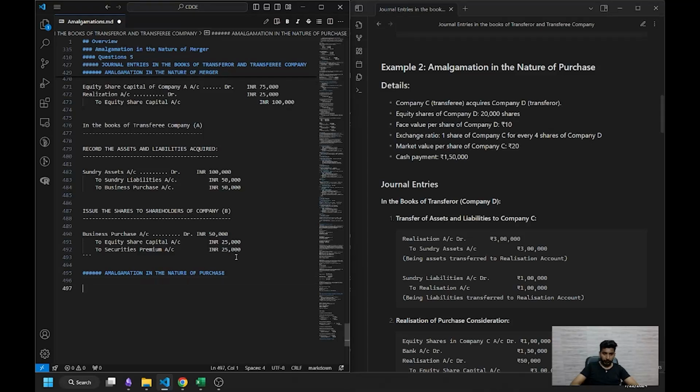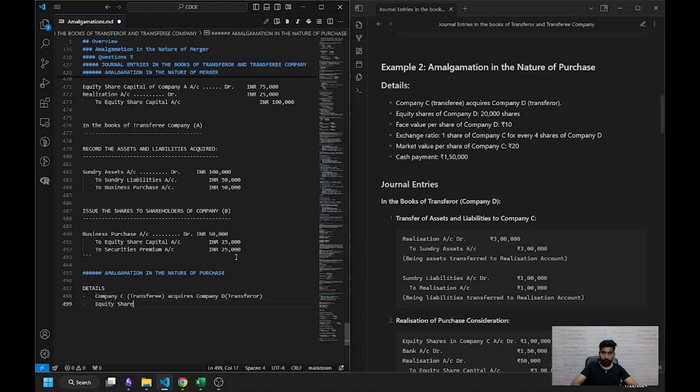For that also some details are provided to us. What are those details? Company C, which is the transferee company, acquires company D, which is the transferor company.